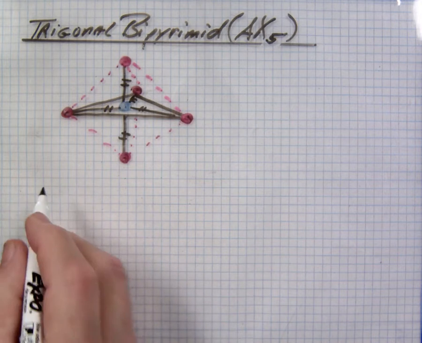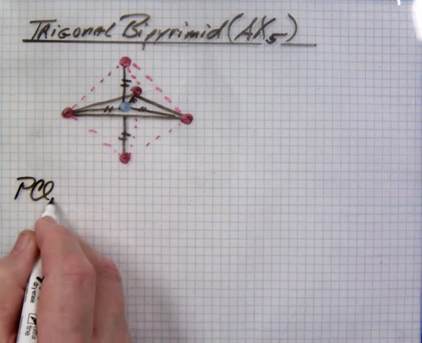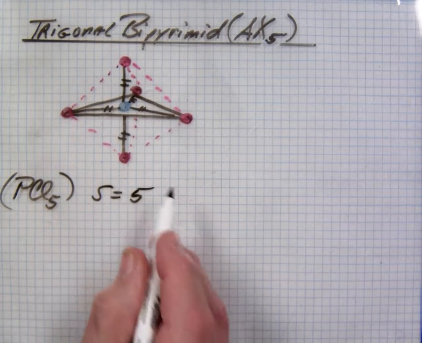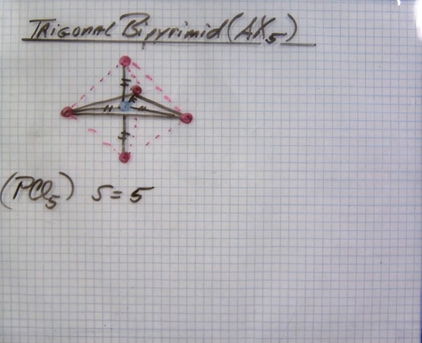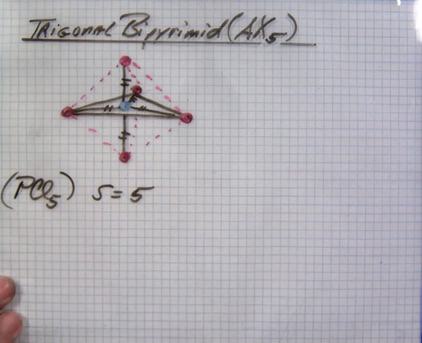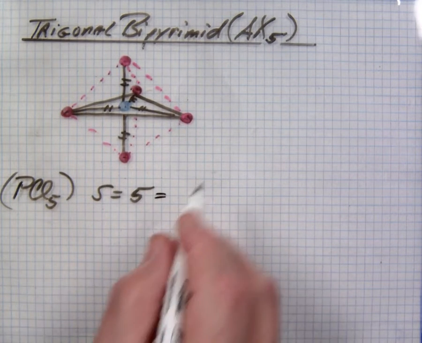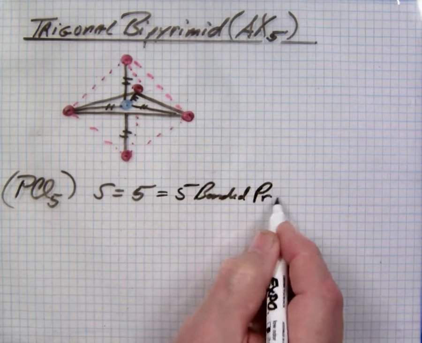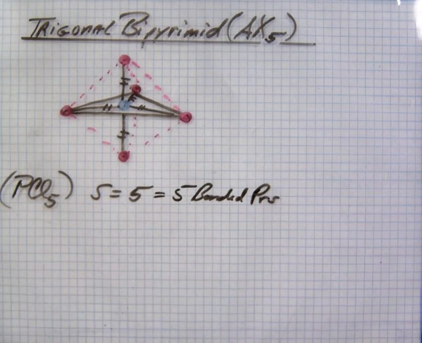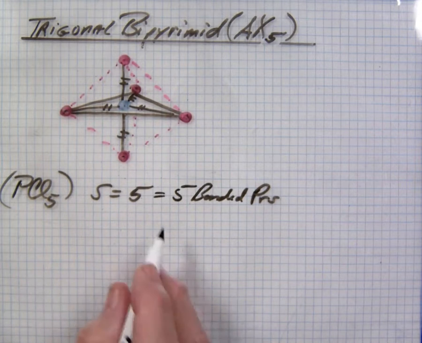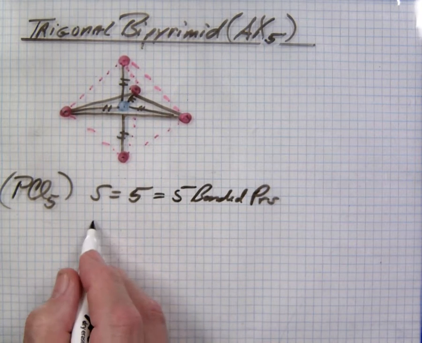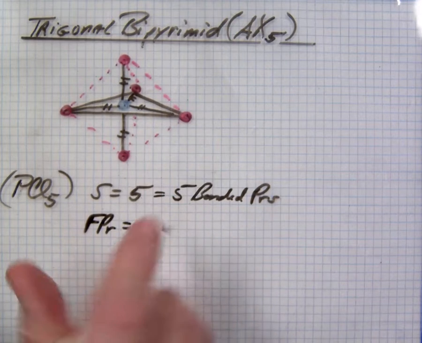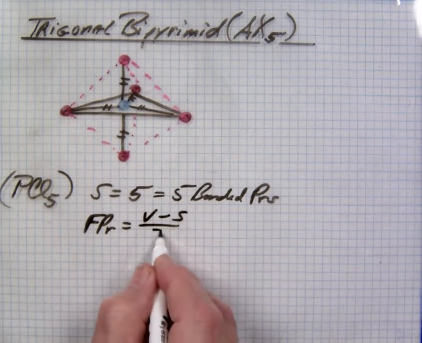Okay, so we want to start with PCl5 here. So you got 5 substrates, so 5 attachments, and that means you have 5 bonded pairs. Okay, then we want to get the free pair, and of course that is, well, just put the formula: valence minus substrate over 2.